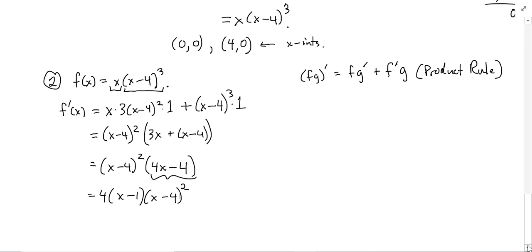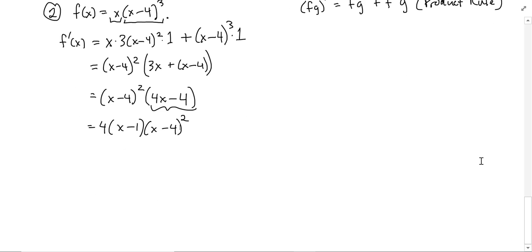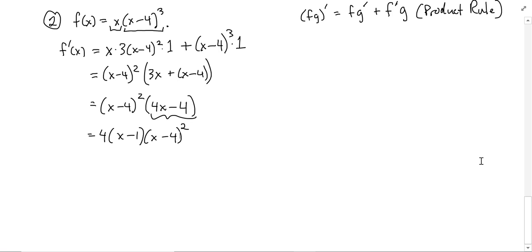Again, you could have differentiated the original expression for the function and then factored it if you wanted to, but this actually works a little better. Now, the zeros, or the critical numbers, are evident. It is evident that x equals 1 and x equals 4 are the critical numbers of the function f.